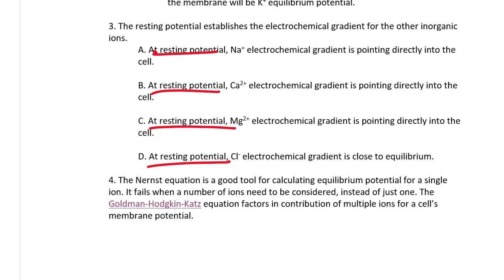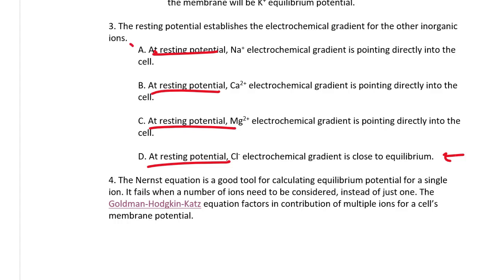At resting potential, magnesium's electrochemical gradient is pointing directly into the cell. At resting potential, Cl-'s electrochemical gradient is close to equilibrium. This is something that you probably calculated in homework 3, that Cl-'s equilibrium potential is very close to the cell's resting potential. Okay?